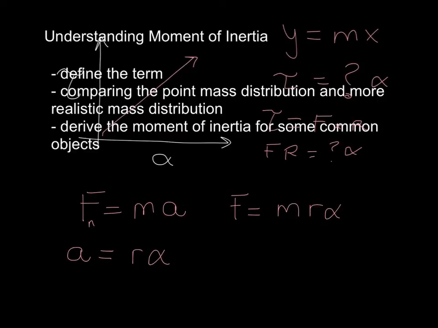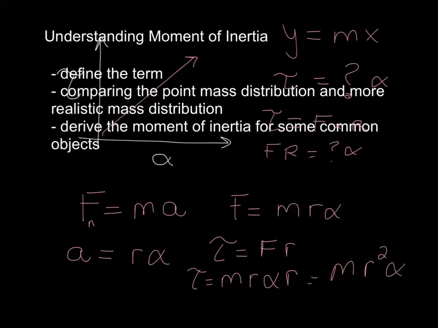Okay. And we know torque, if we go back, is F cross r. So therefore torque will be m r alpha times r, which ultimately becomes m r squared times alpha. So we have this new version of the function: torque equals m r squared alpha.